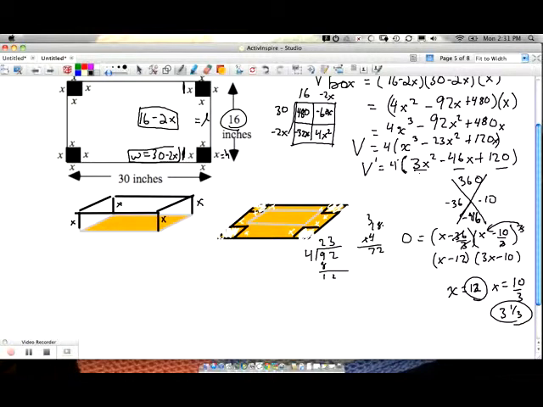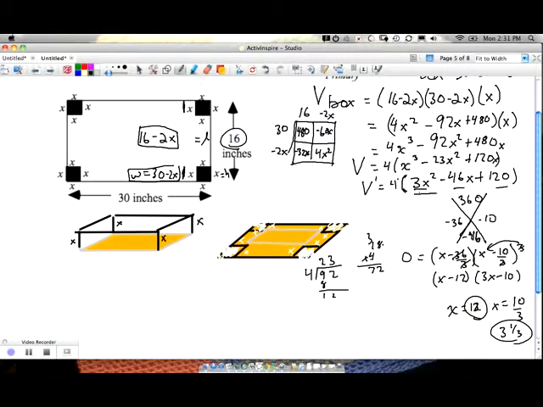Now I'm going to use some intuition here. I know that the shape of that is a parabola, and these zeros are happening here at 10 thirds, and then again here at 12. Now if you think about it, we can't even use the 12, because what's our domain here?